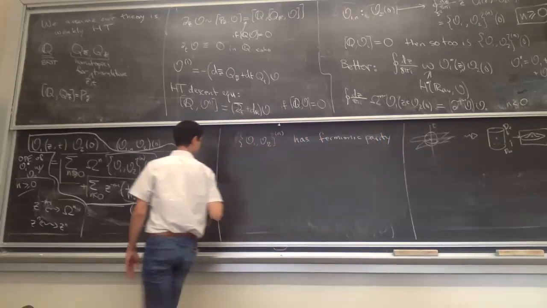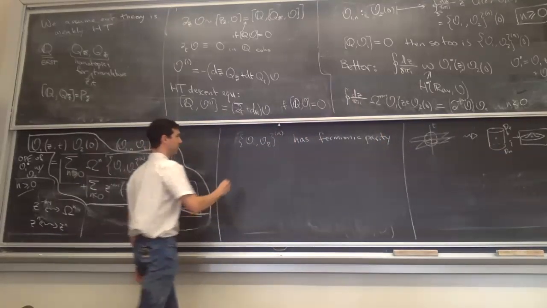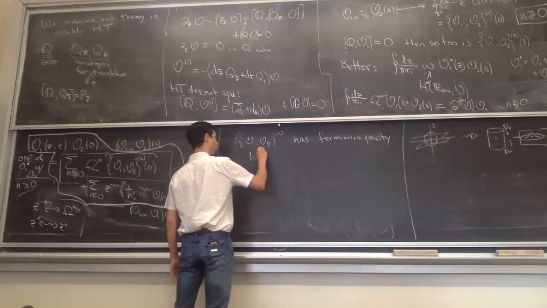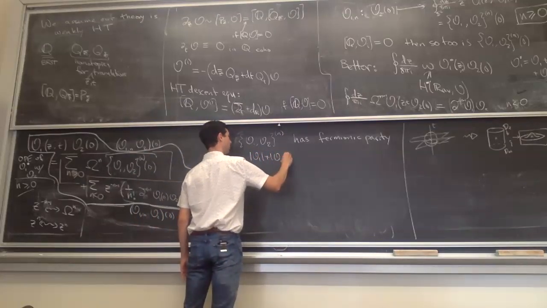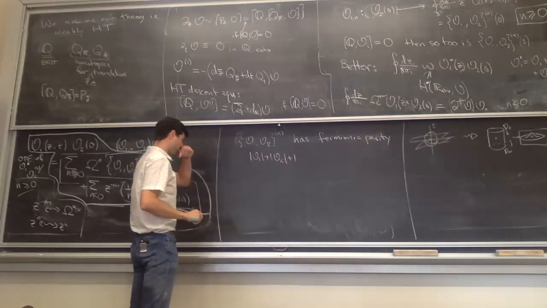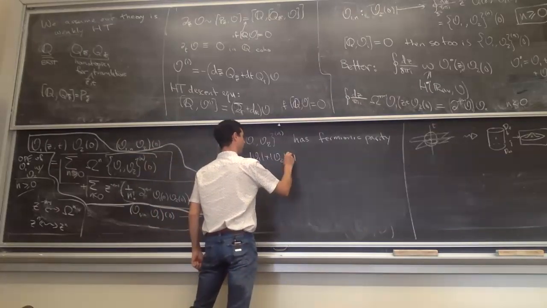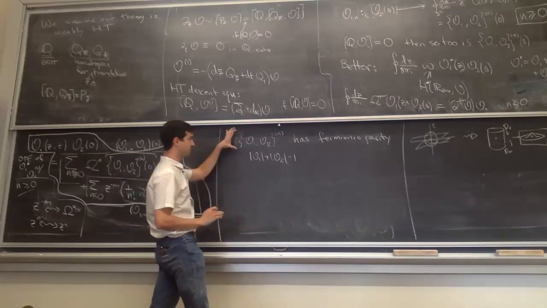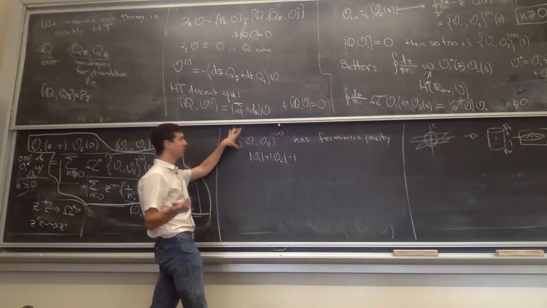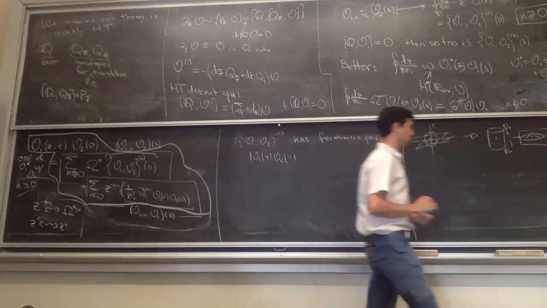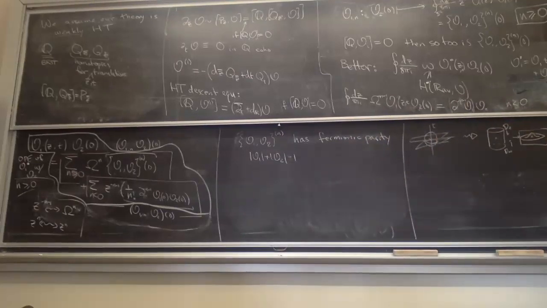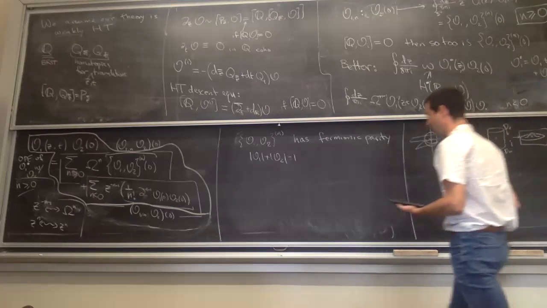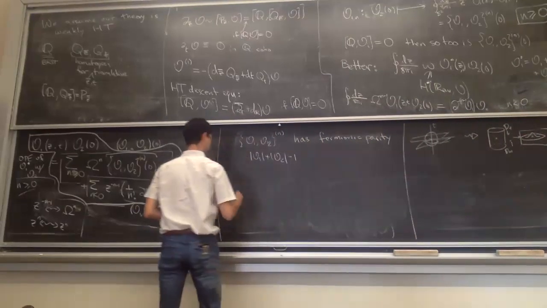Or if you have a Z grading, then it's also got a Z grading by the same formula, O1 plus O2 minus 1. In particular, if O1 and O2 are bosons, this operator is going to be a fermion. And so, aside from that little caveat, everything that you know in 2D holomorphic field theory ports without too many problems into this raviolo setting.